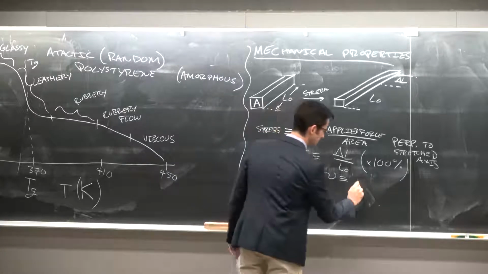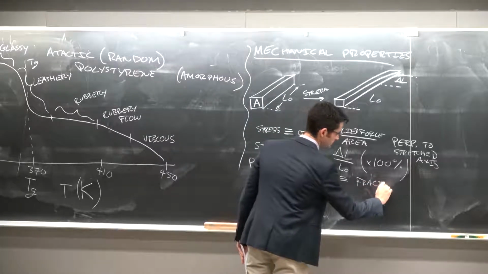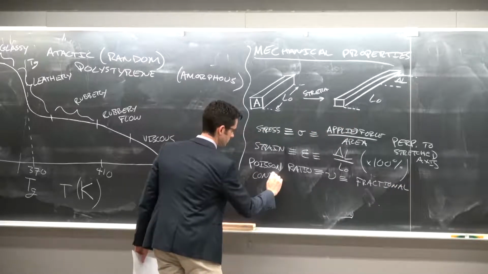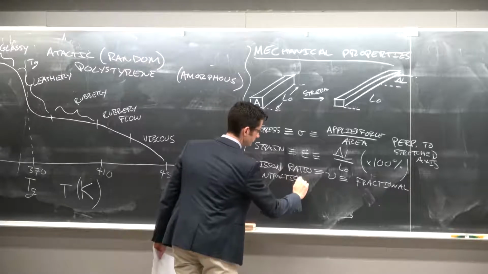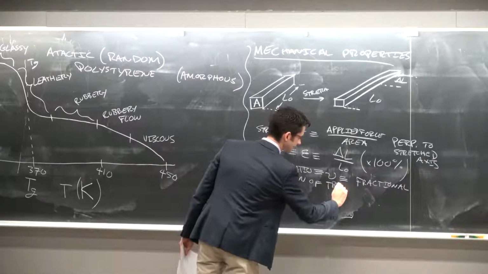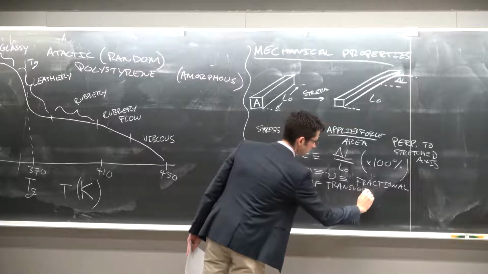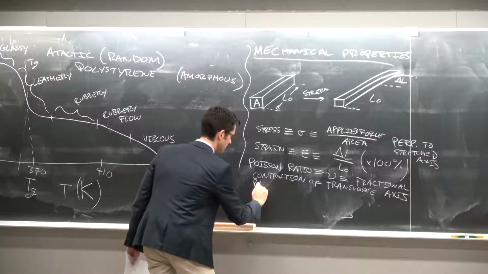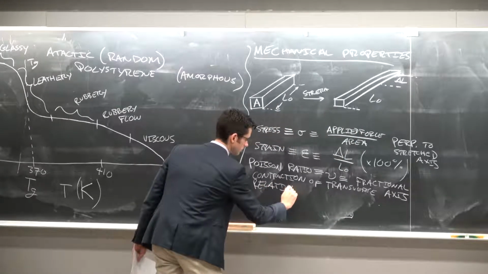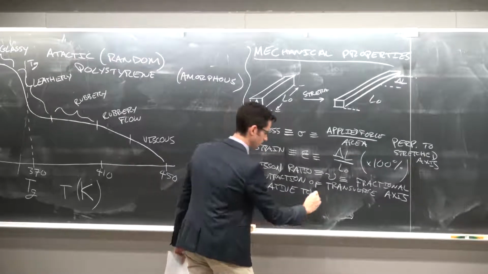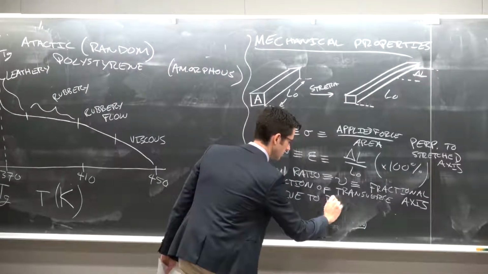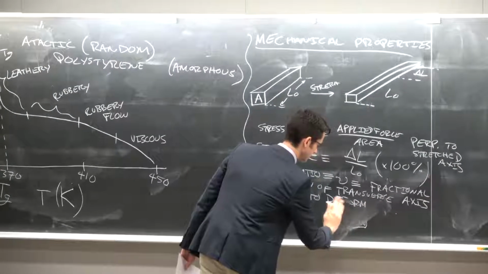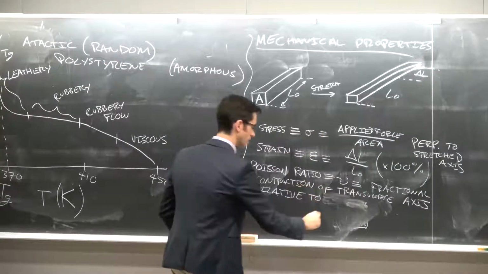The Poisson ratio is the fractional contraction of the transverse axis relative to the deformation, let's say stretching, if we're just talking about tensile loading.